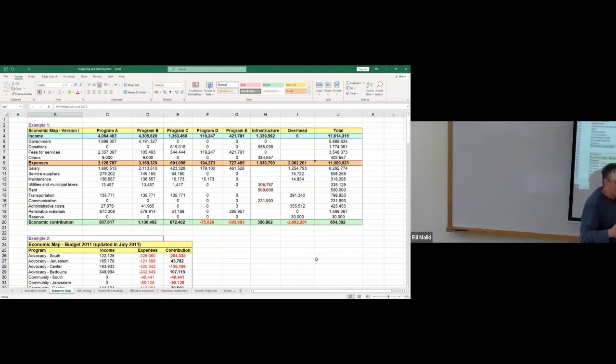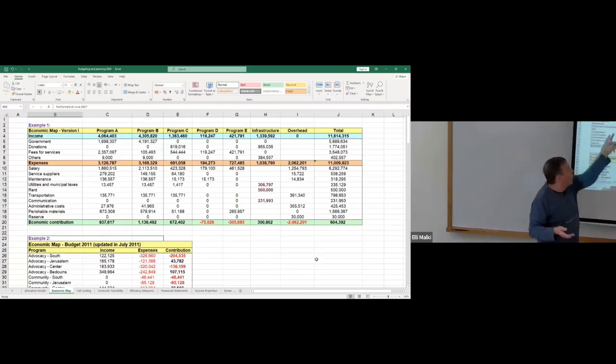Now, since the criteria for including cost by the direct costing method is only the cost that will be saved if the program is discontinued, then if we close the program, we will lose an income of 4,064,000. We will save expenses of 3.1.